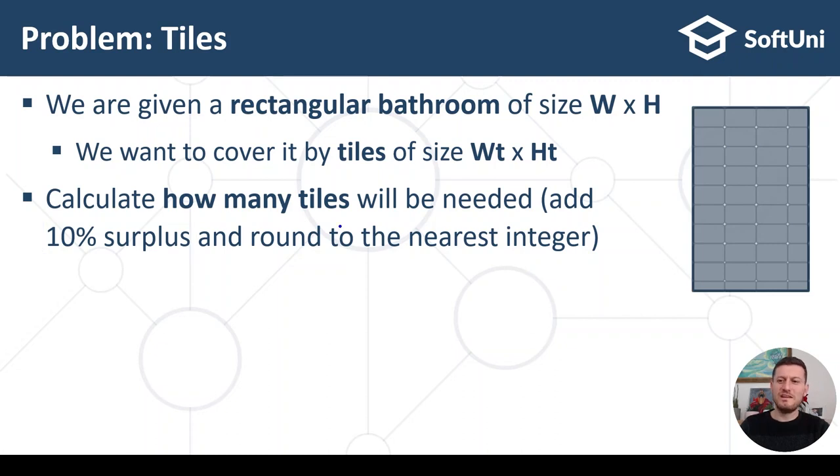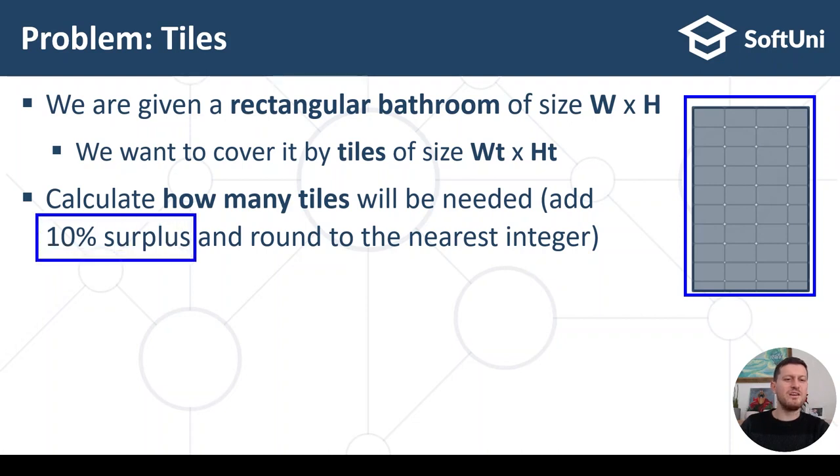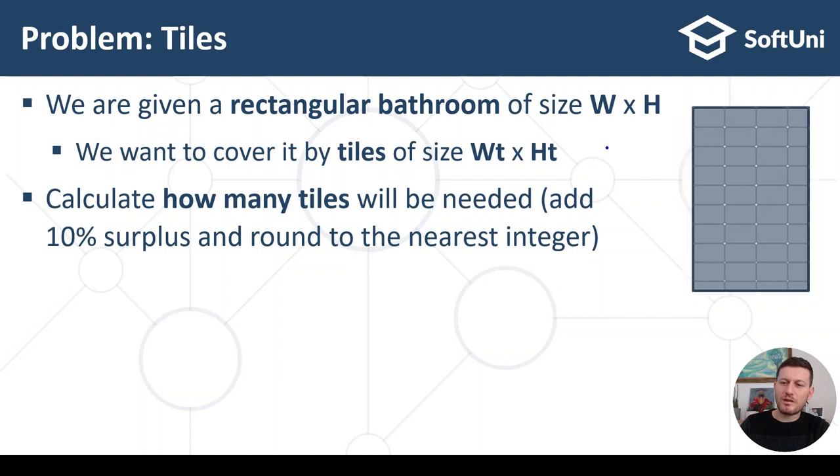So we usually need enough tiles to cover this, plus some surplus, because some tiles can be broken, or you always need more tiles than required to have something as a reserve, as an additional availability.